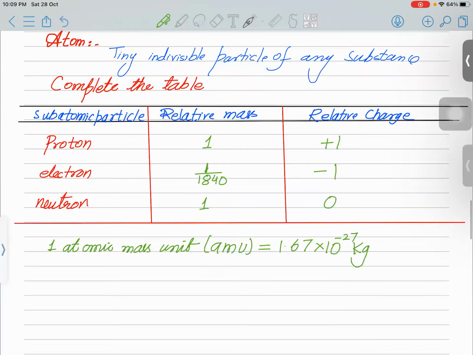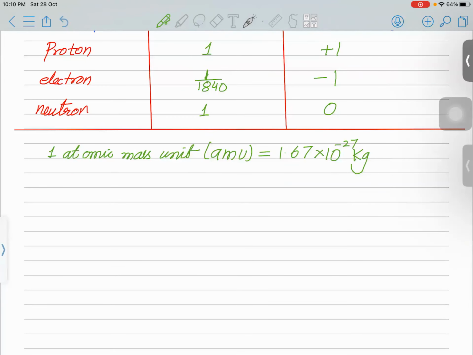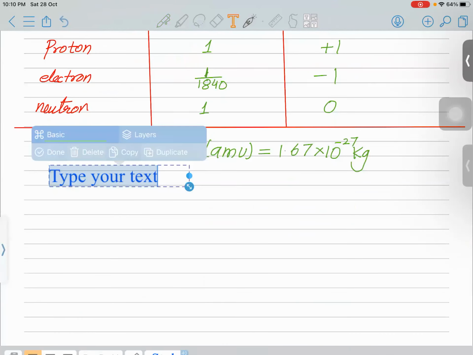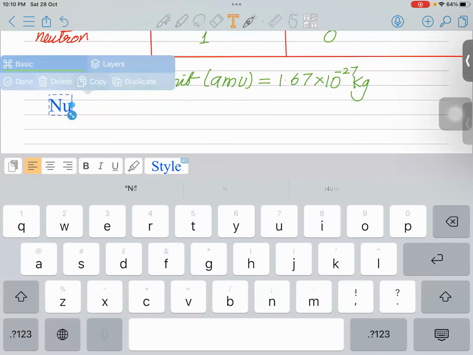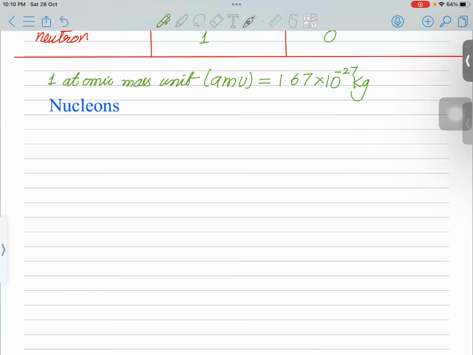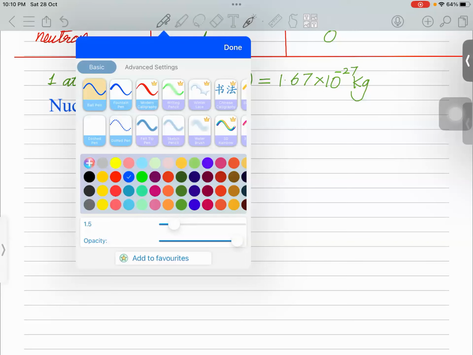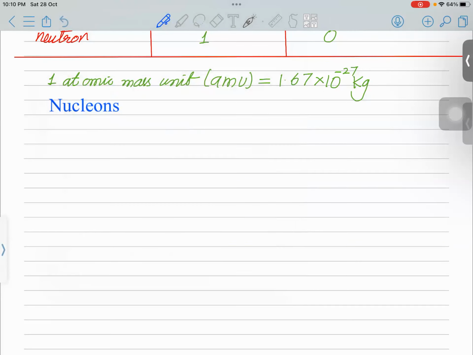So what is nucleon? Like the number of protons and neutrons in the nucleus.